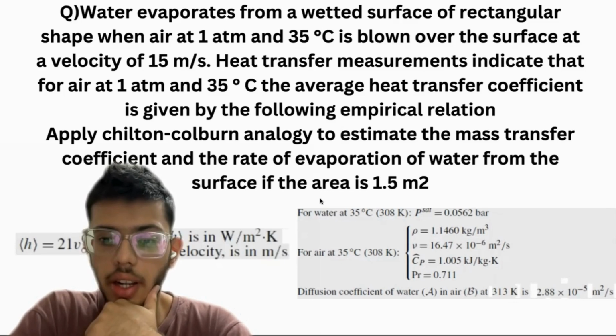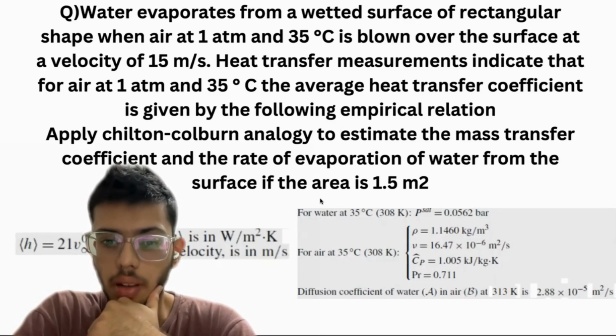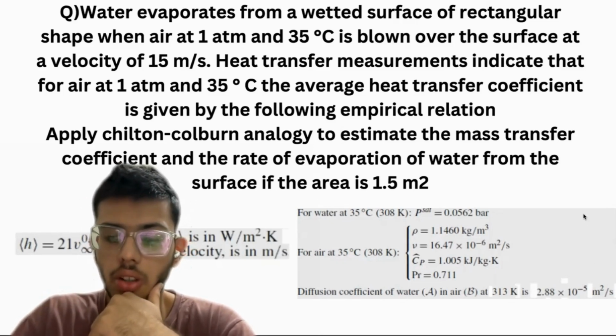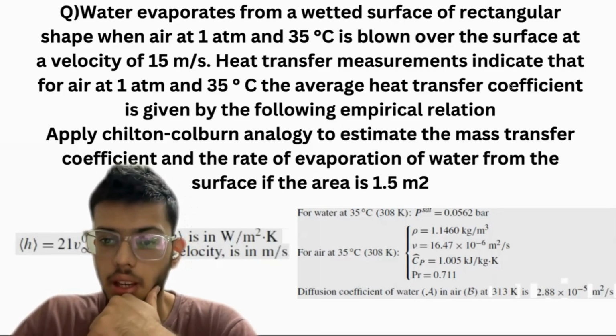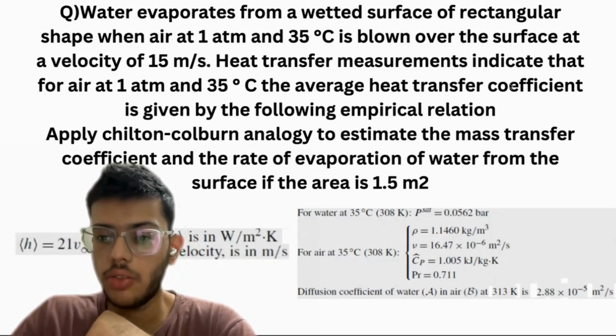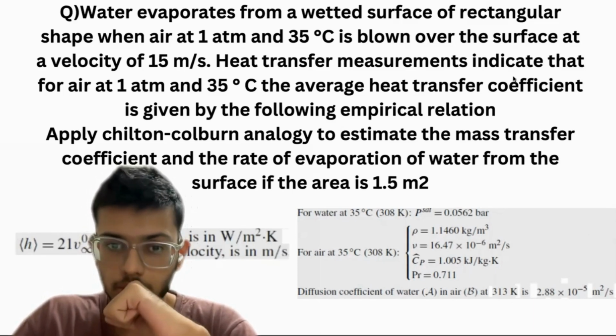At 308 Kelvin, the saturation pressure is 0.0562 bar. And the diffusion coefficient of water in air, which we can also call D_AB, at 313 Kelvin is 2.88 times 10 raised to minus 5 meters squared per second.